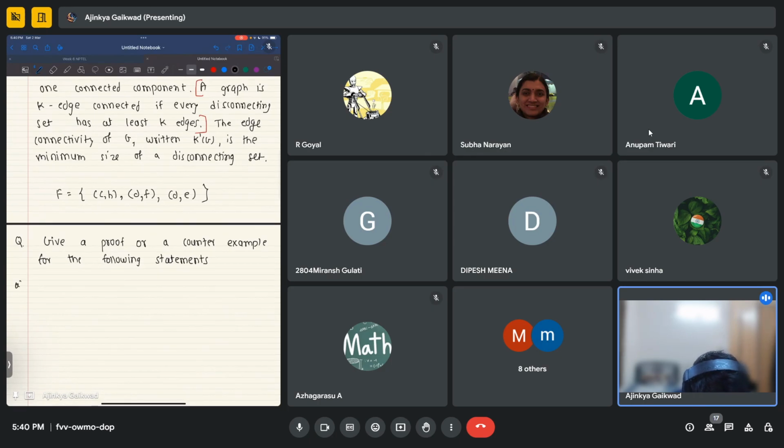Let's say, a graph with connectivity 4 is 2 edge connected.